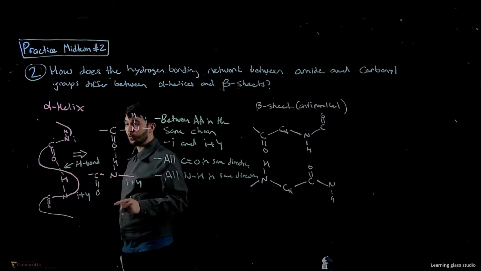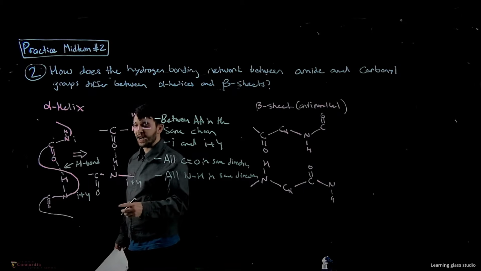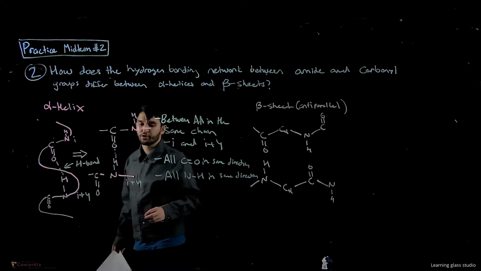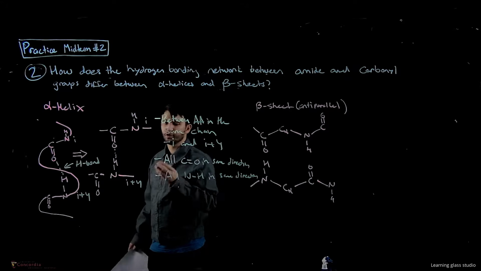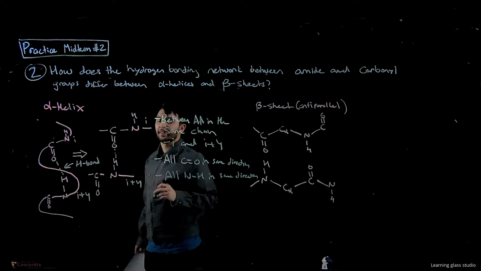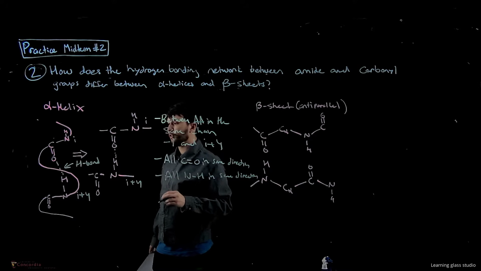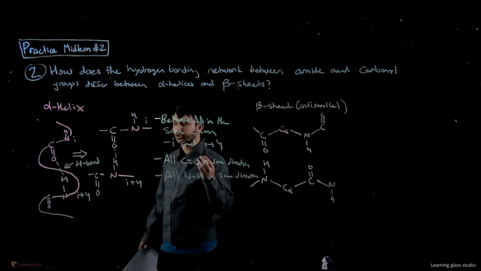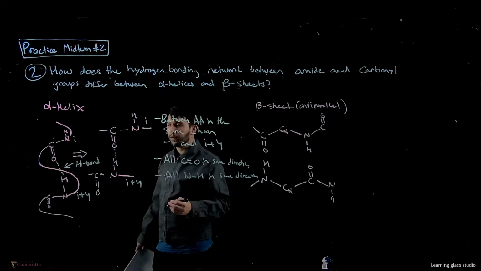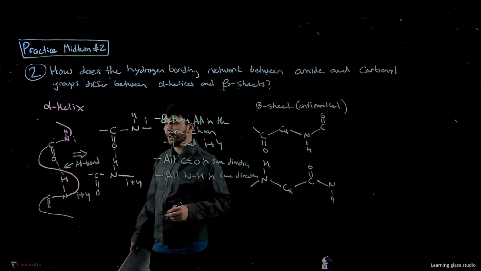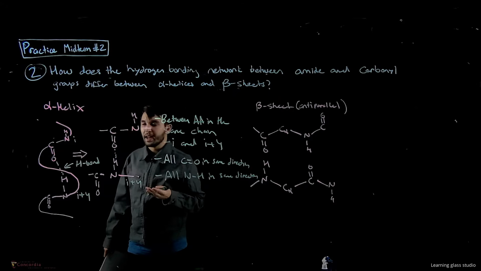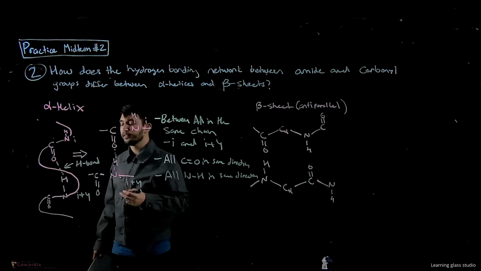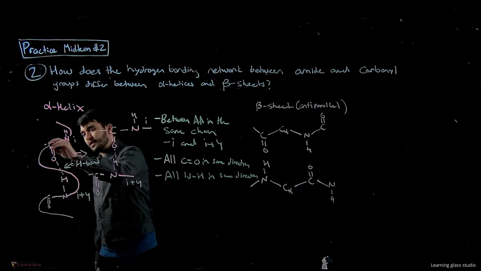What this means is that all of the dipoles are going to be in the same direction. A dipole is when you have an electronegative atom, like an oxygen or a nitrogen, next to a less electronegative atom. The electronegative atom will pull electrons away from the less electronegative atom, making the oxygen or the nitrogen more negatively charged and the other atom more positively charged. So we can draw a dipole like this.